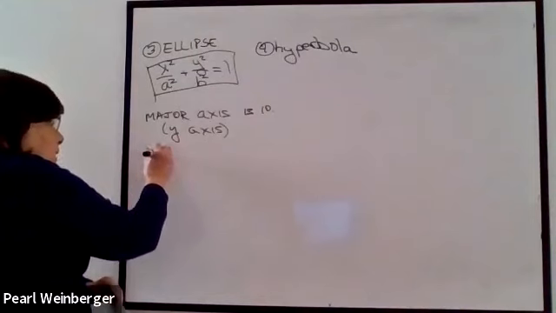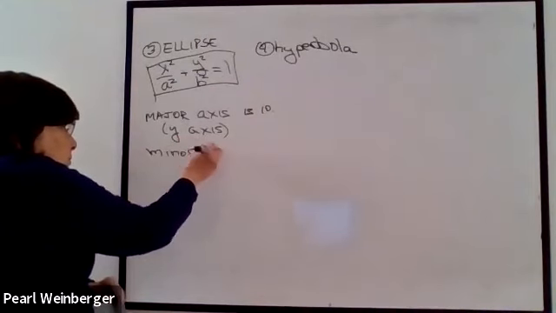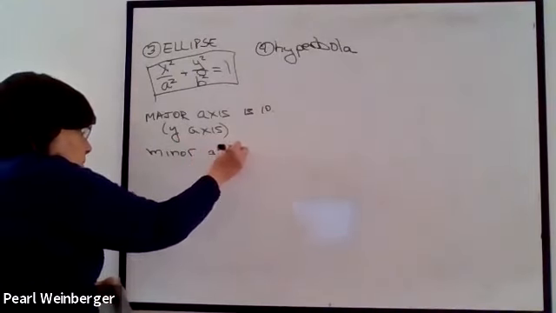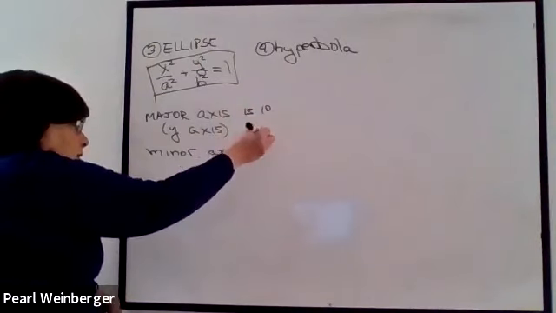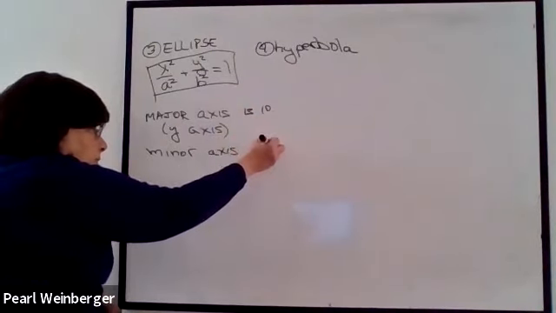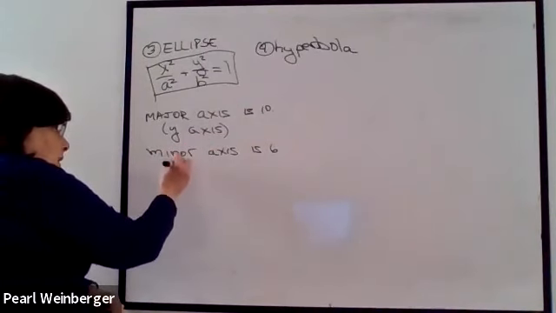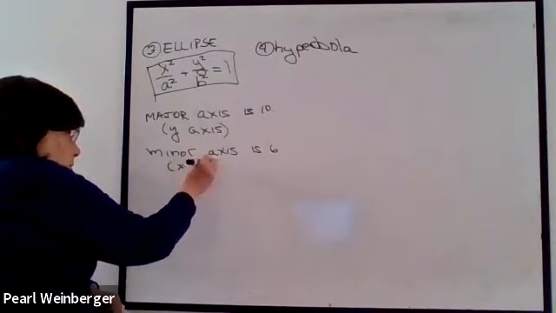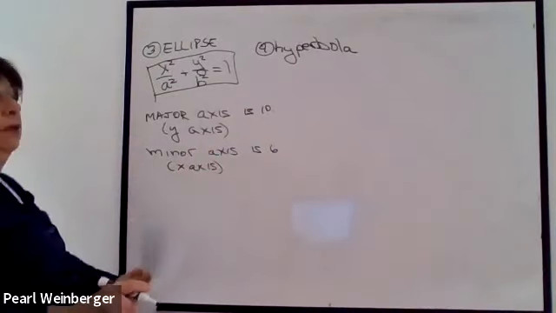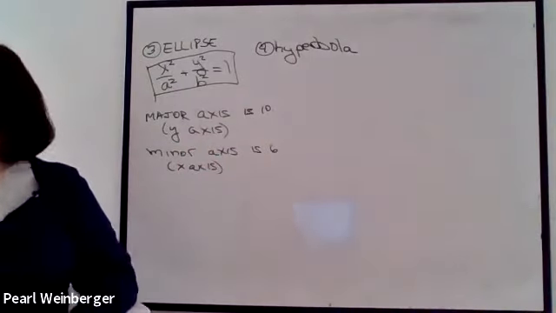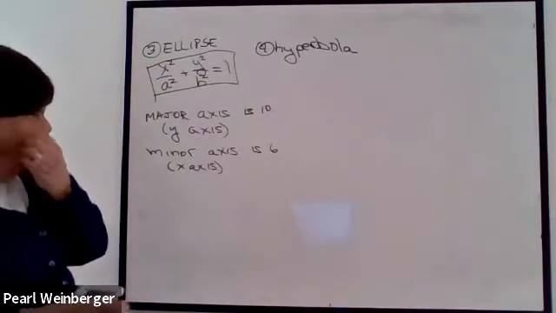The minor axis is 6, and that's along the x-axis. And we want to write the equation of this ellipse.